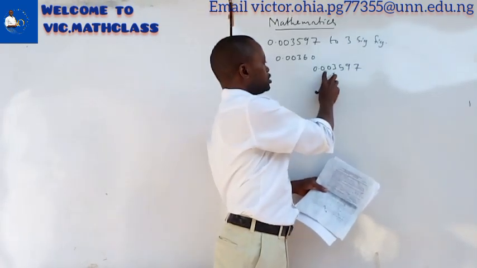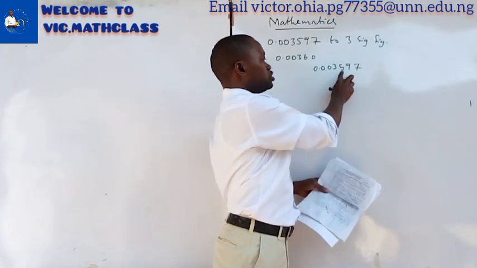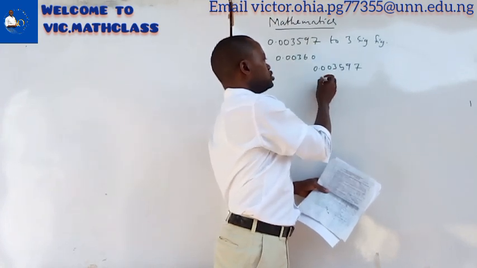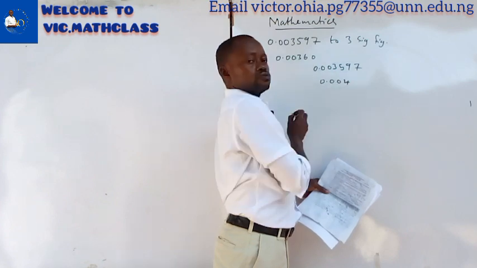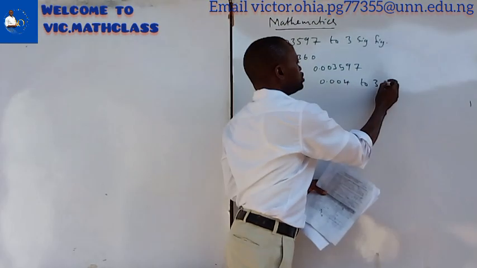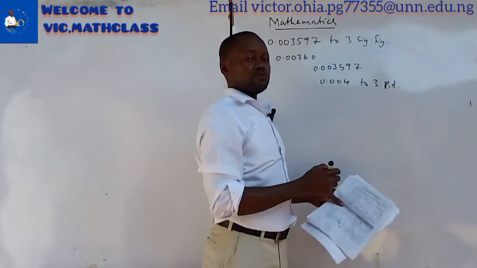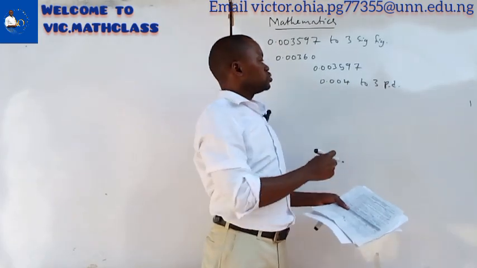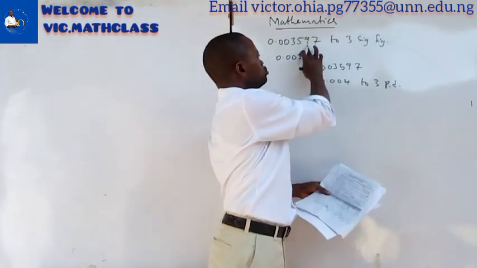So I'll call this 1 and add it here. So this is 0.004, to three places of decimal.